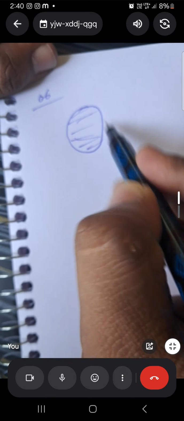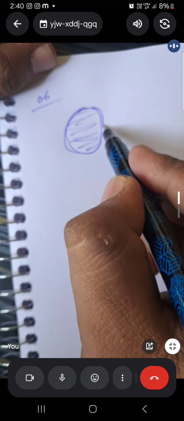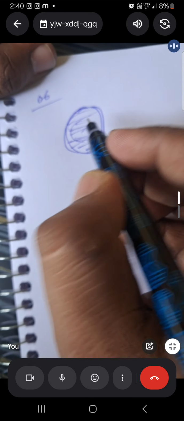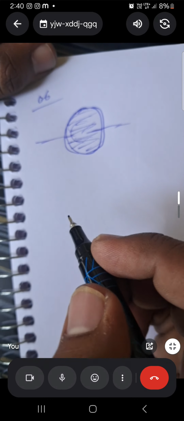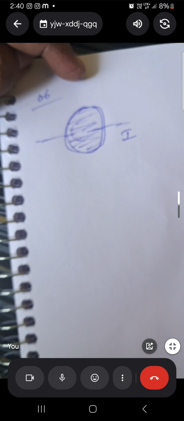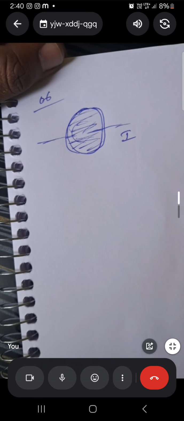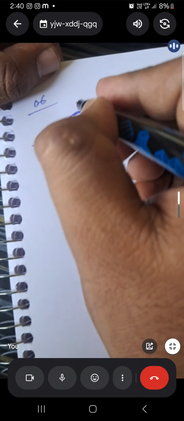Let's take this one solid sphere. He is asking what is the moment of inertia along the diameter for a solid sphere? You can take any axis through the diameter.